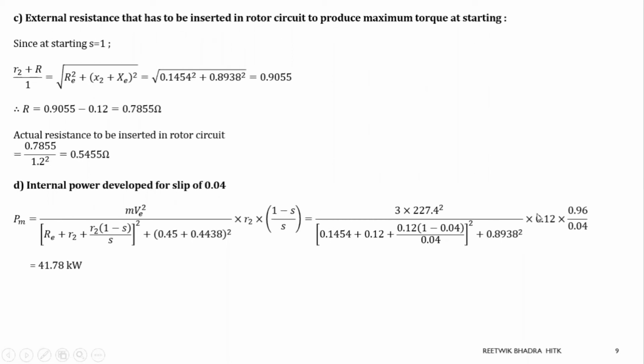So 1 minus 0.04 gives you 0.96 divided by 0.04. R2, RE all are calculated. Substitute over here. What is MV? We already calculated 227.4 whole square. And this when calculated gives you 41.7.